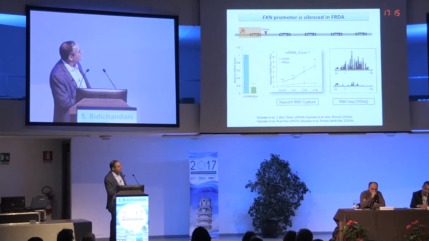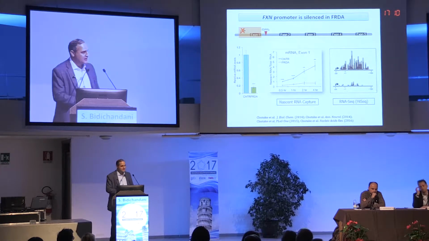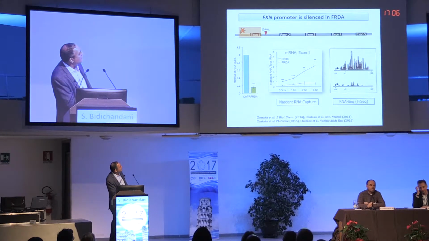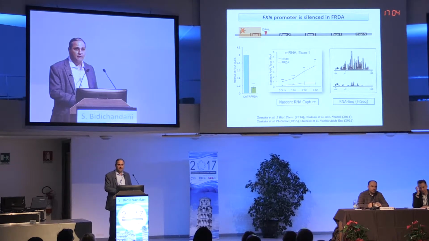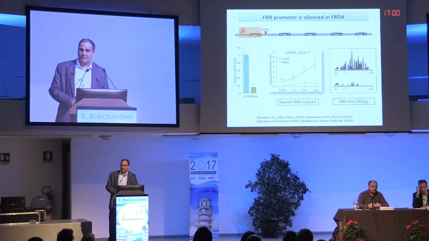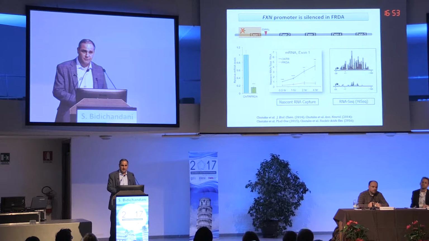A long time ago, and Massimo will tell us more about this if he gets the chance, we looked for methylation of the CpG island shortly after the gene was found, and we've known for a very long time that the island itself is unmethylated. What we did recently was just to confirm that the promoter itself was unmethylated.